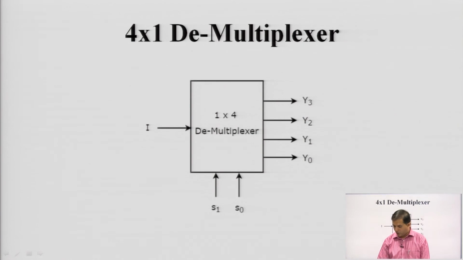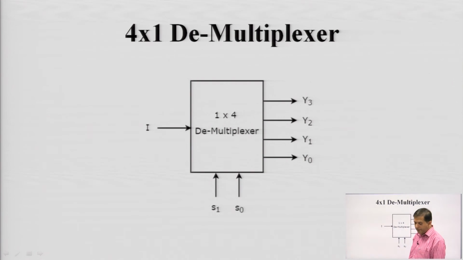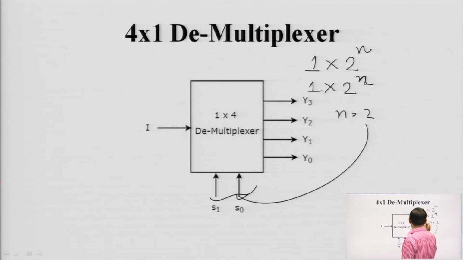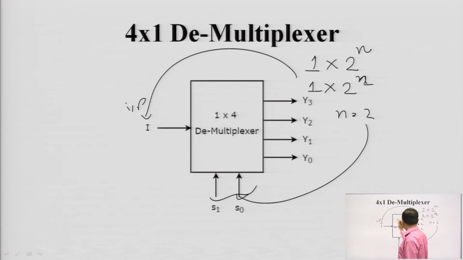So, this is, shortly I am telling, a 4 cross 1 demultiplexer. Here n is equal to the number, 1 cross 2 to the power n. So, 1 cross 2 to the power 2, so n is equal to 2. So, n select lines and one input and 4 outputs, 1 cross 4.